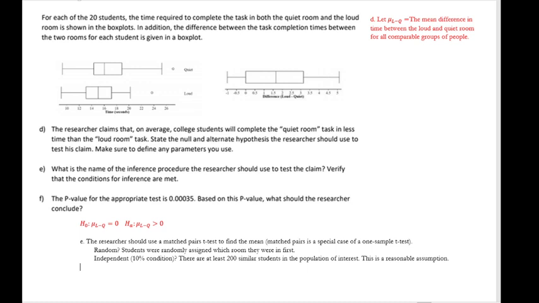This is a reasonable assumption. The last is the normal approximation. And if we look, the box plot up there is roughly symmetric. So we would expect that with the sample size that we have, a sample size of 20, that should be sufficient to guarantee an approximately normal distribution.